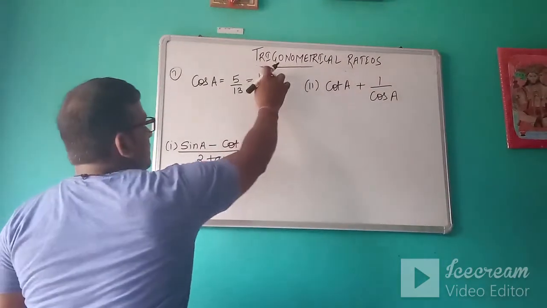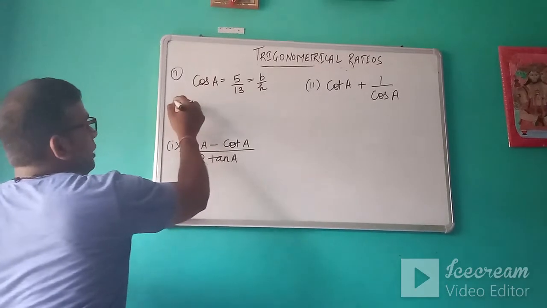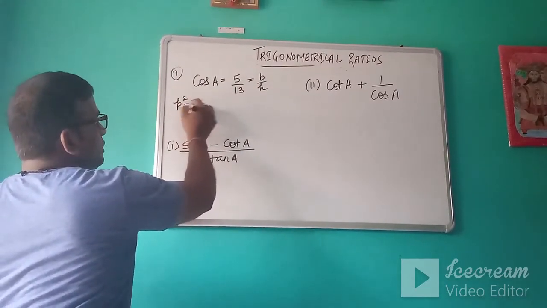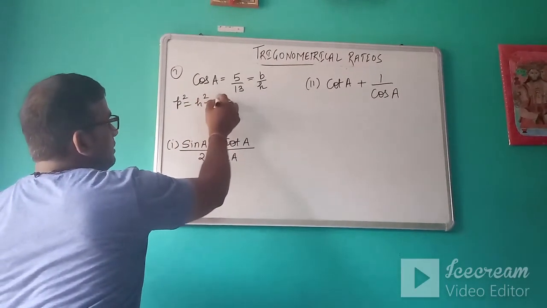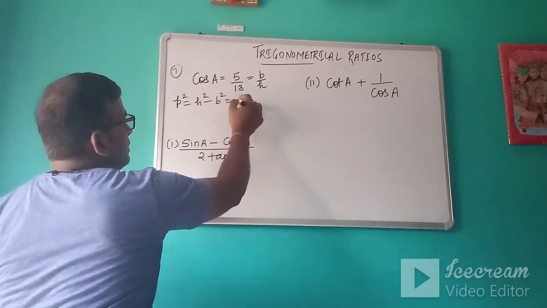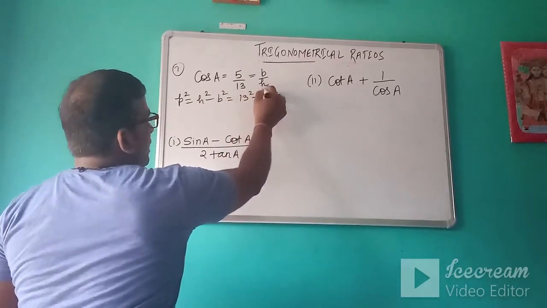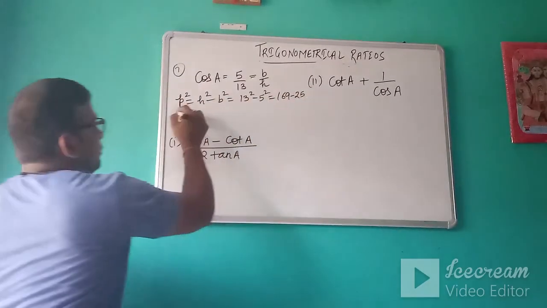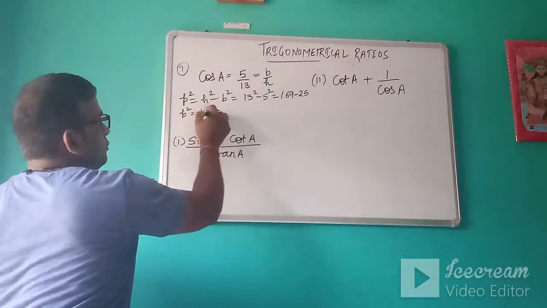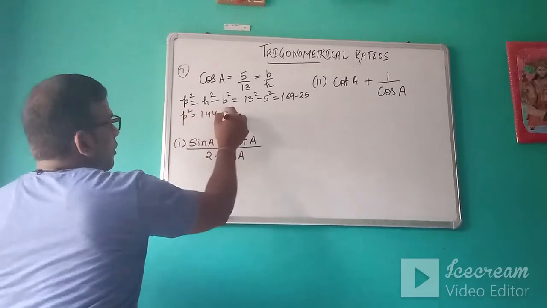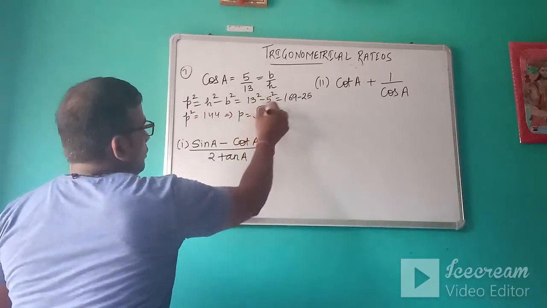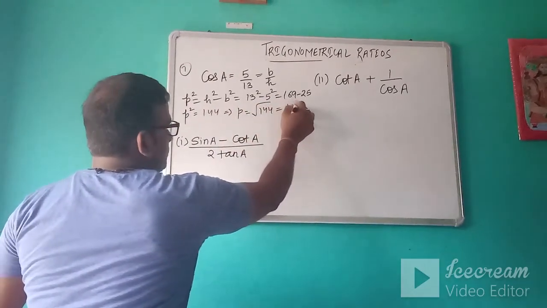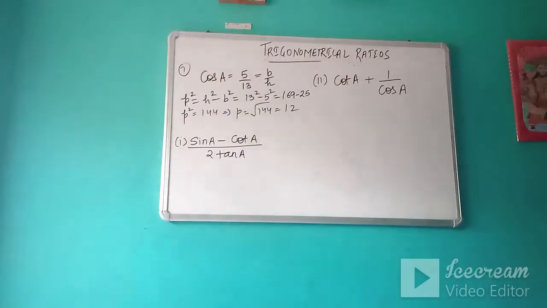So b is given, h is given, we will calculate the value of p. So what is p square? H square minus b square, that is 13 square minus 5 square, 169 minus 25. So you will get p square is equal to 144, or what is p? Square root of 144, that is 12.